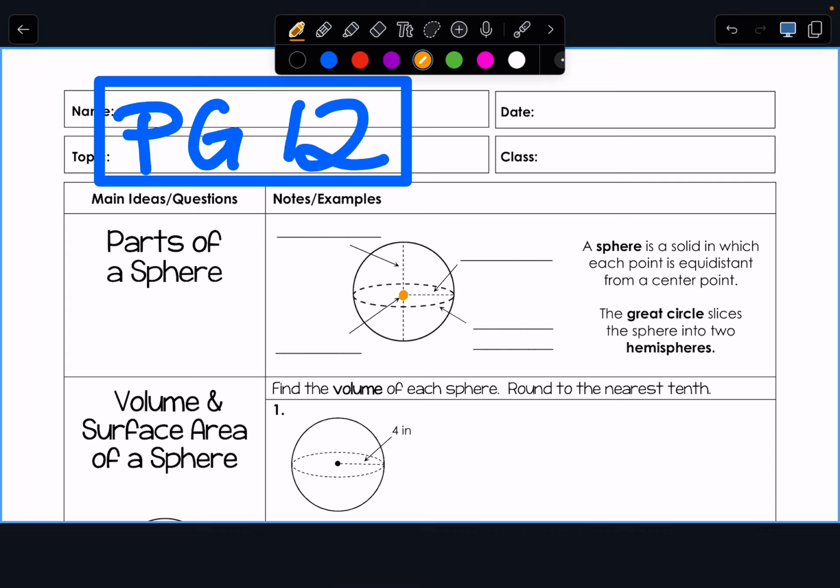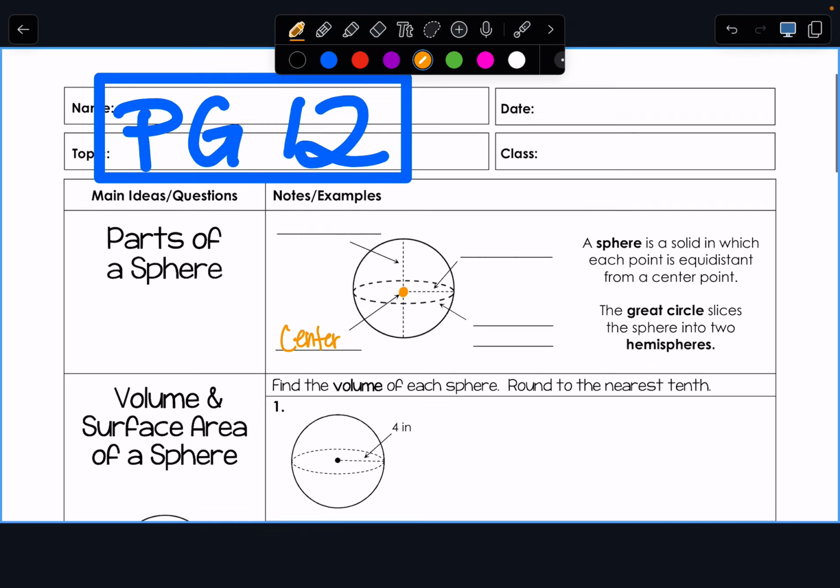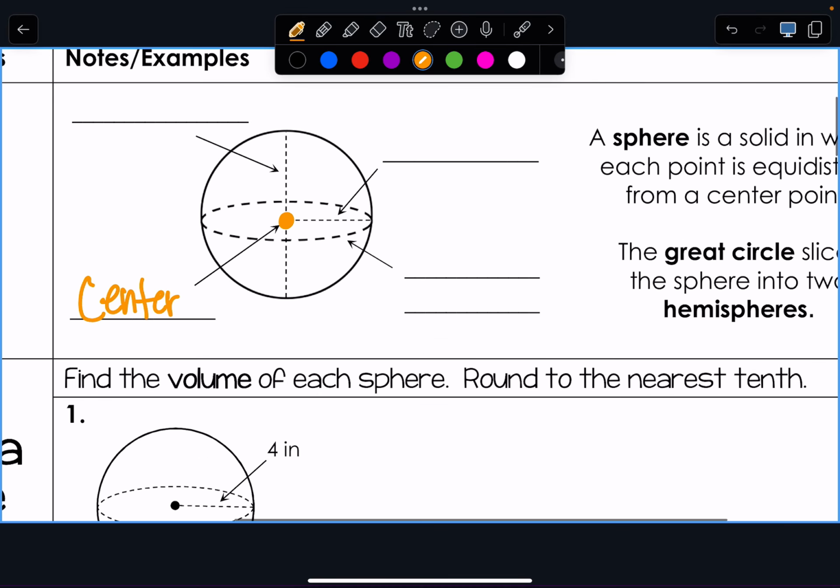Dot. Where is it? Ah, it's the center. Okay, how about this? What is this called? It is the radius.